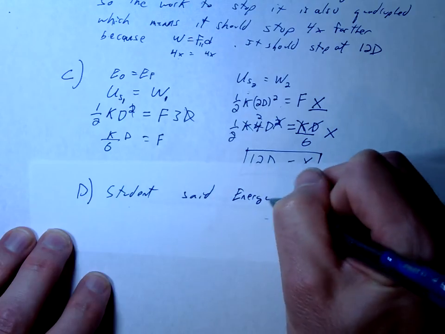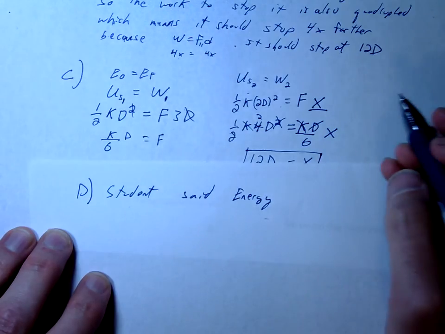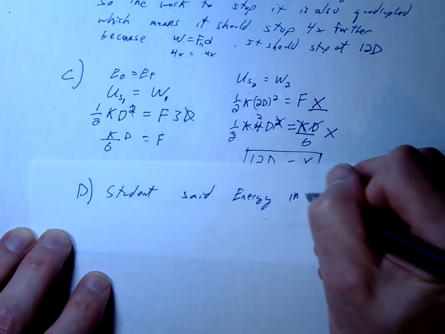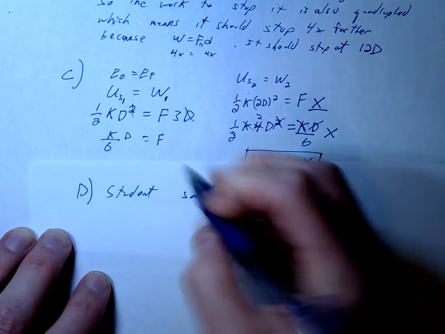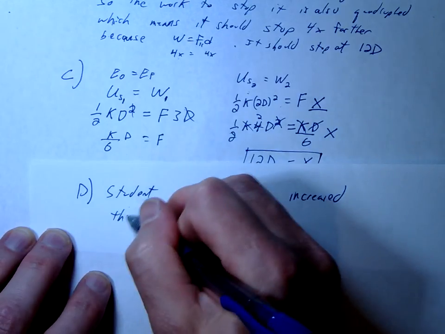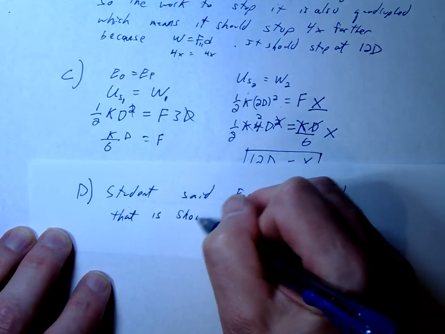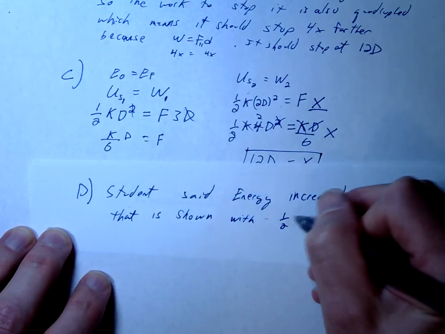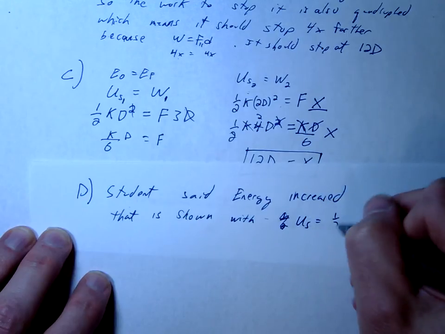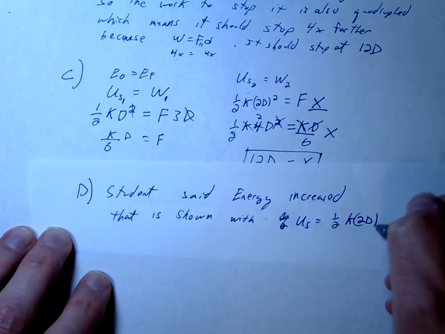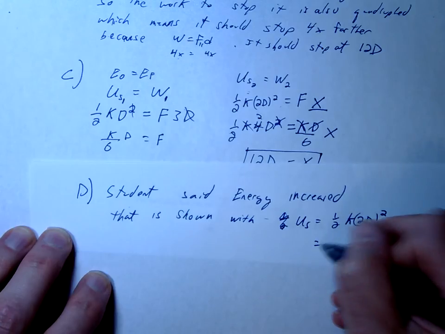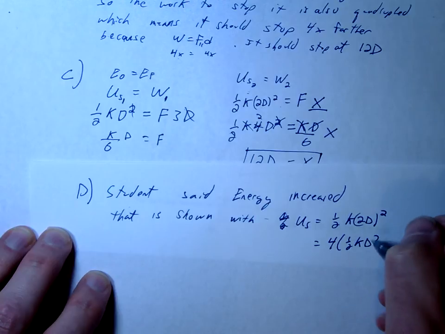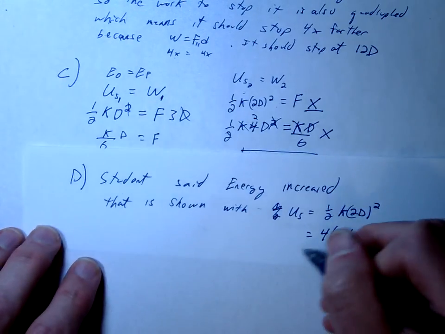Did you say double or just increase? Just increased. So I showed it with US equals 1/2 k 2d squared. Right, so that means it was 4 times 1/2 kd squared. 4 times larger.